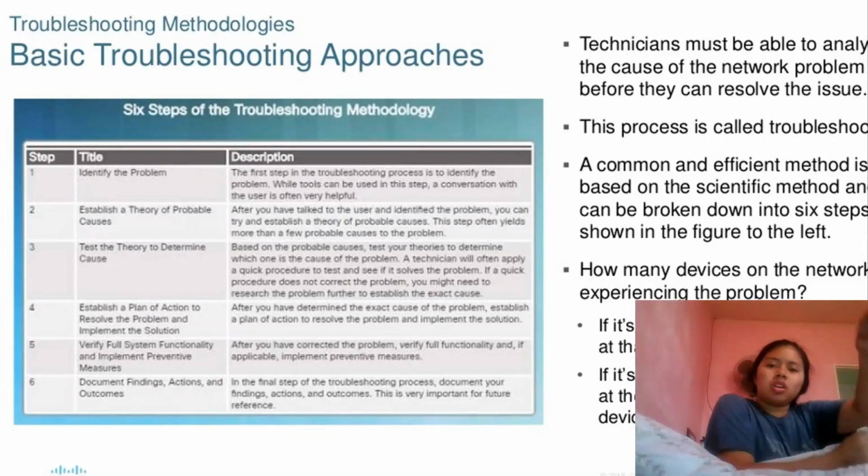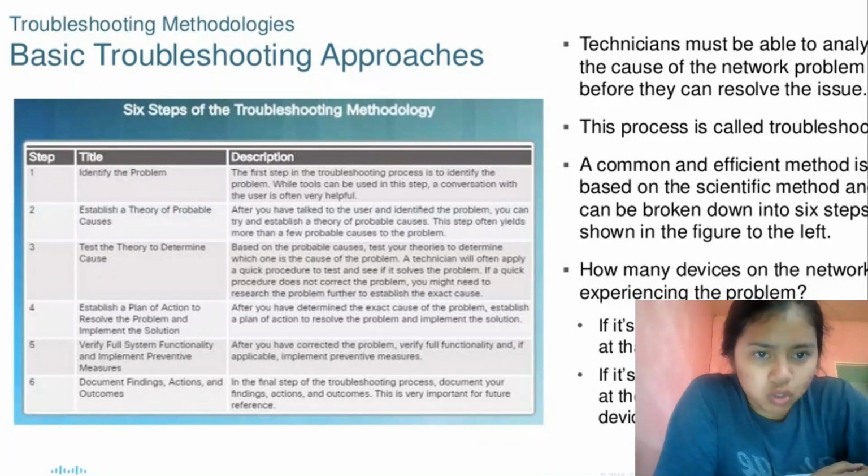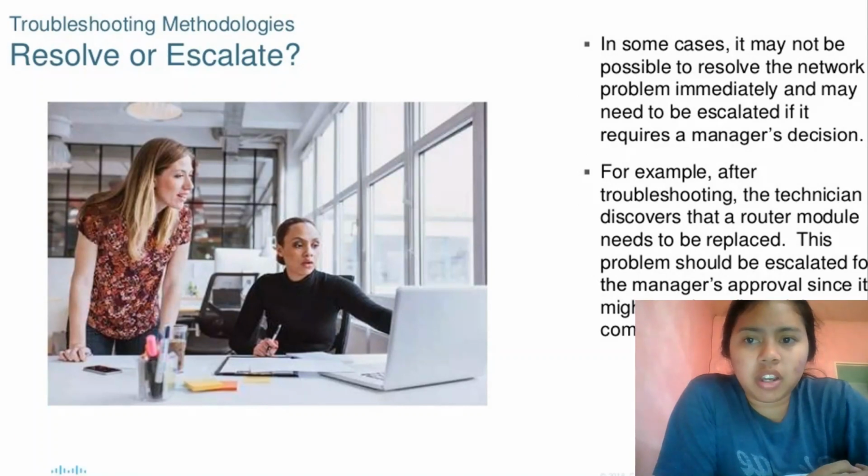Basic troubleshooting approaches. Technicians must be able to analyze the cause of the network problem before they can resolve the issue. Resolve or escalate.